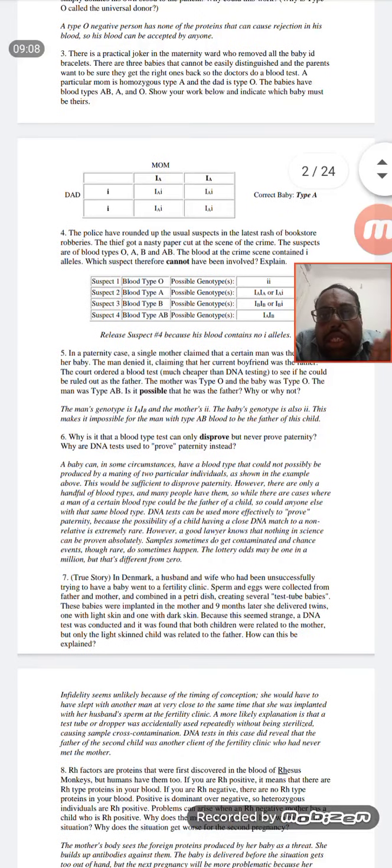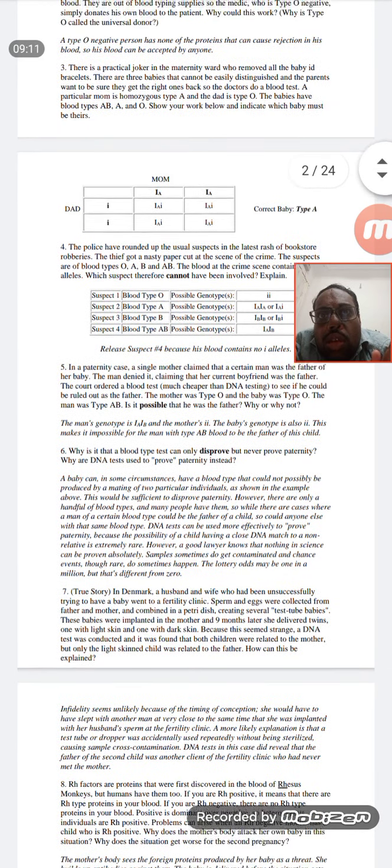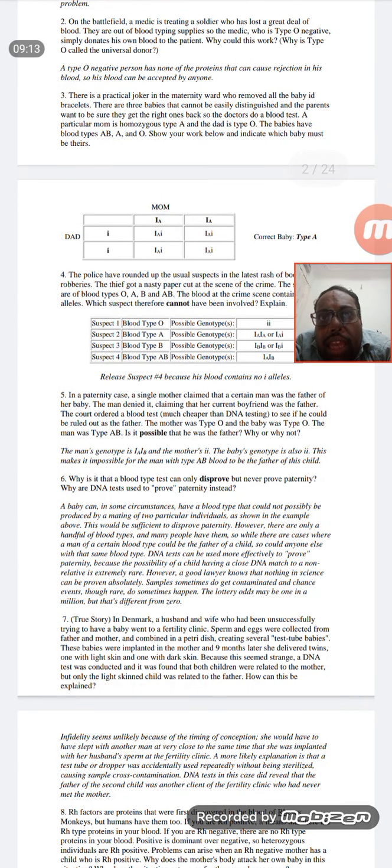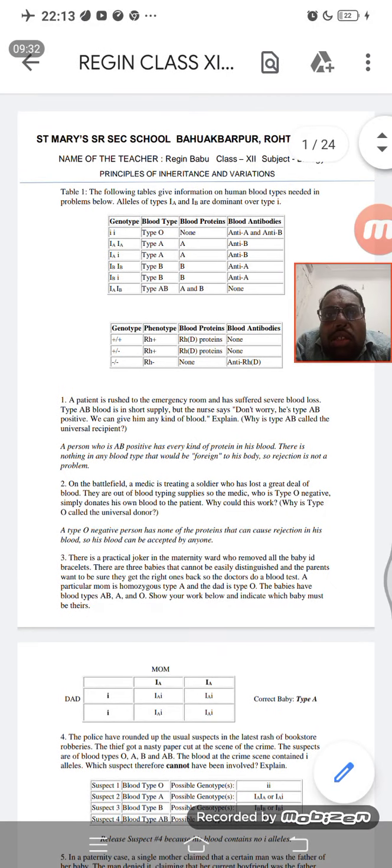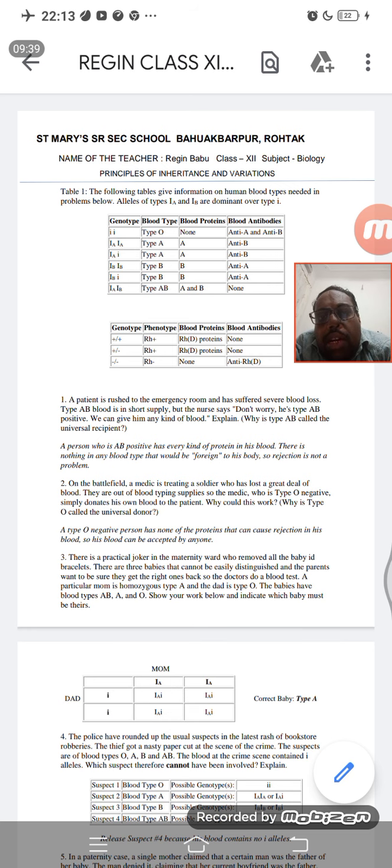So these are the questions they are possibly asking. Instead of the mom being homozygous, they can give heterozygous, and the dad's blood group can also change, but the technique is to use the Punnett square. To do this, you must know the genotype of the O blood group, the A blood group, the B blood group, and the AB blood group.